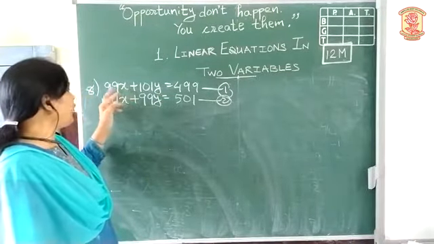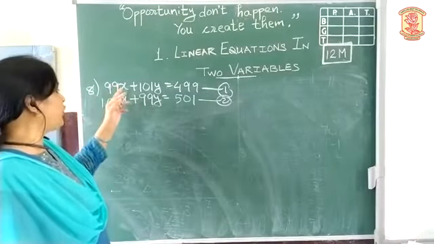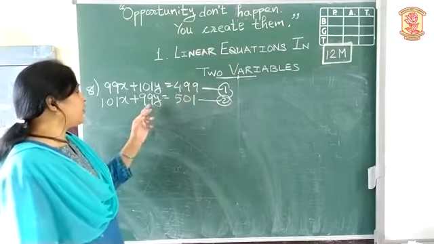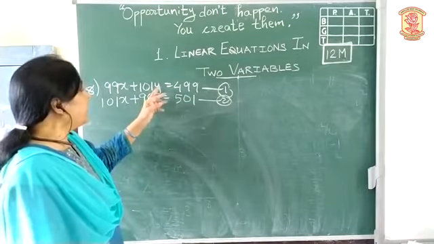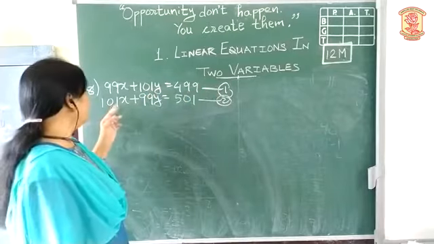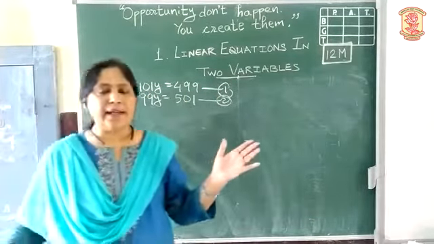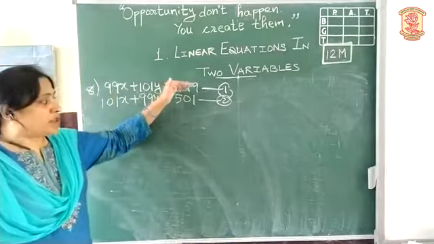The coefficient of the variable x in the first equation is the coefficient of the variable y in the second. In the same way, the coefficient of the variable y in the first is the coefficient of the variable x in the second. That is, the coefficients of the variables are interchanged in equations 1 and 2.